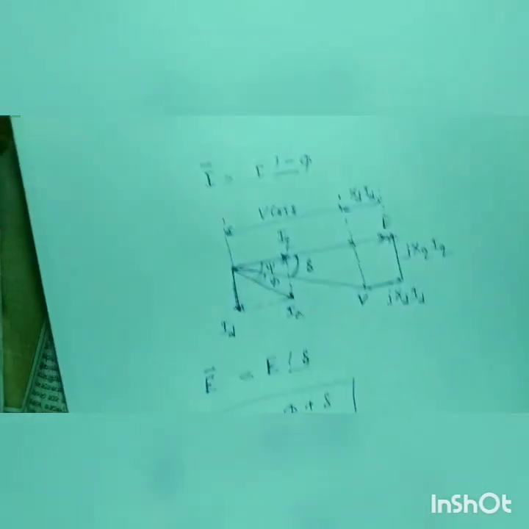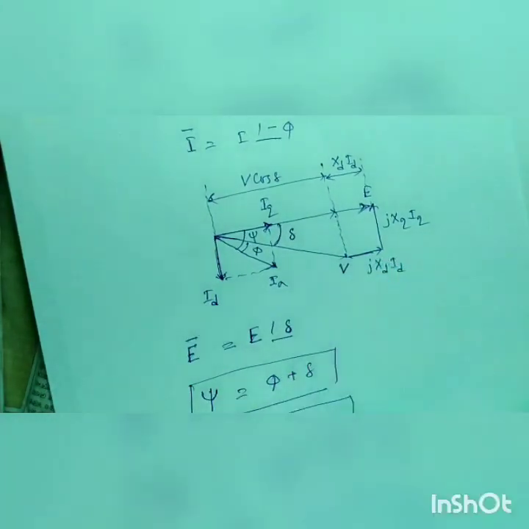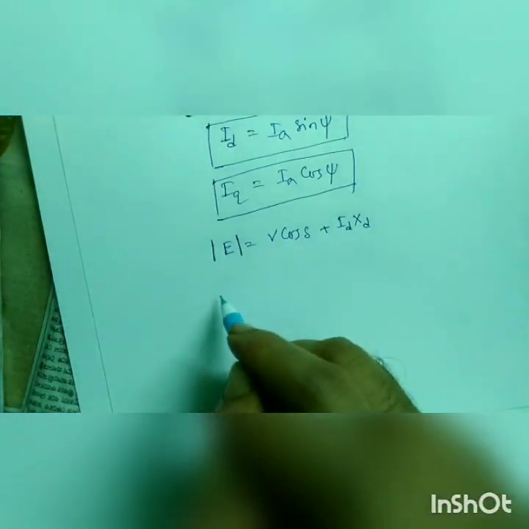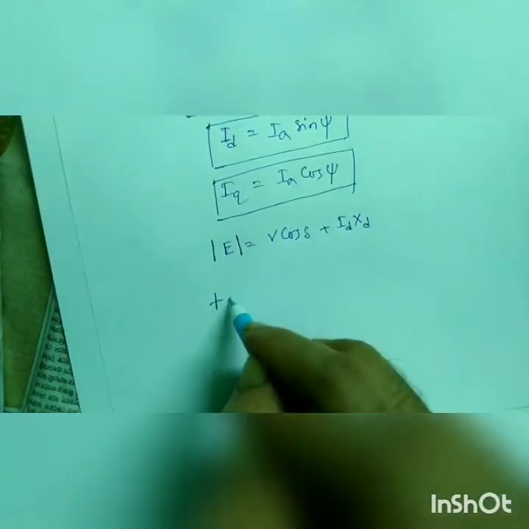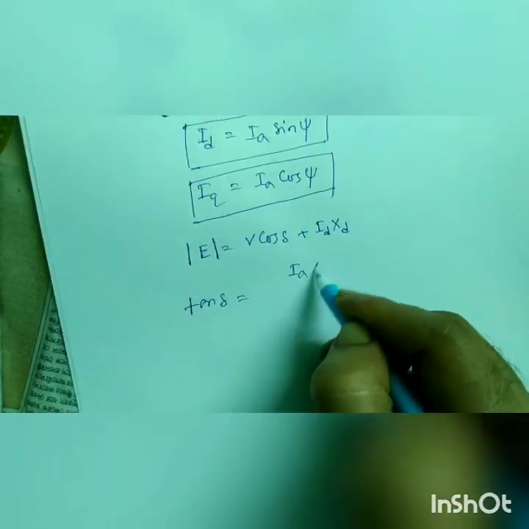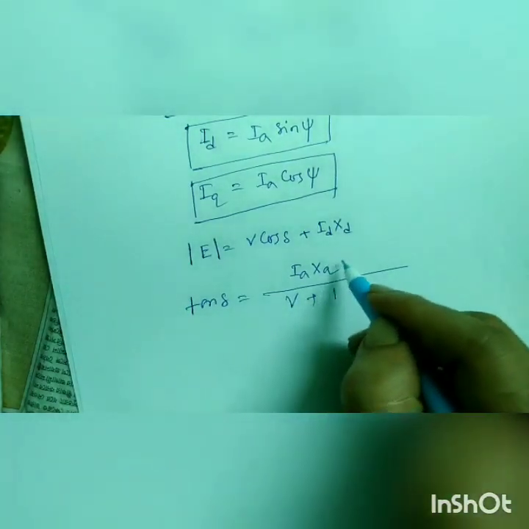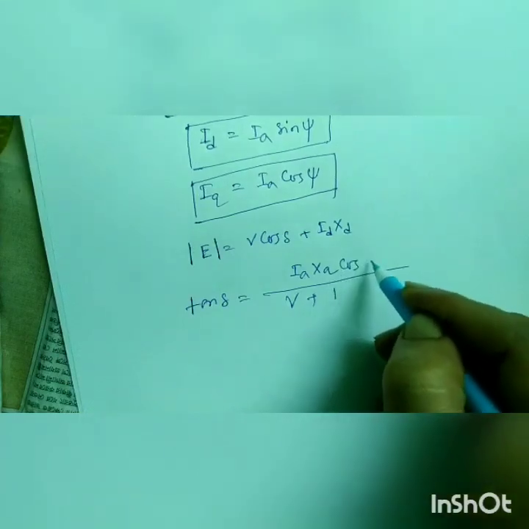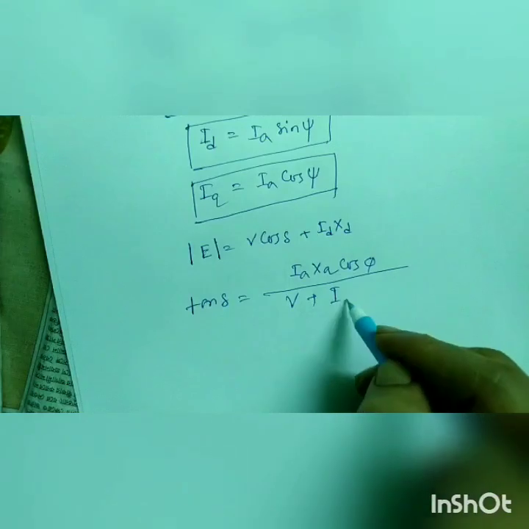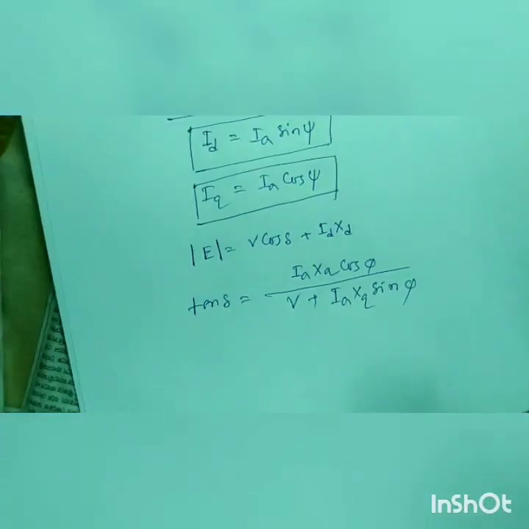And from here you can get the value of del: tan del is IA XQ cos of phi divided by V plus IA XQ sin of phi.